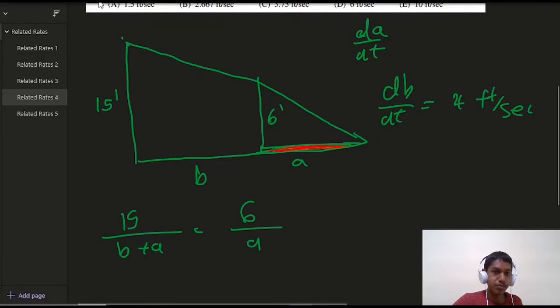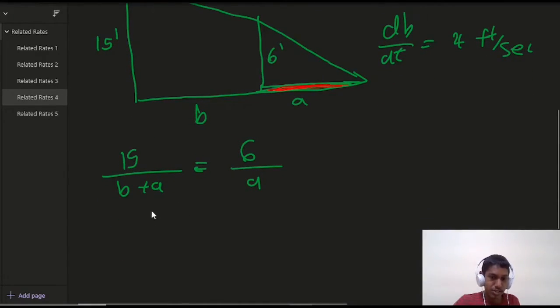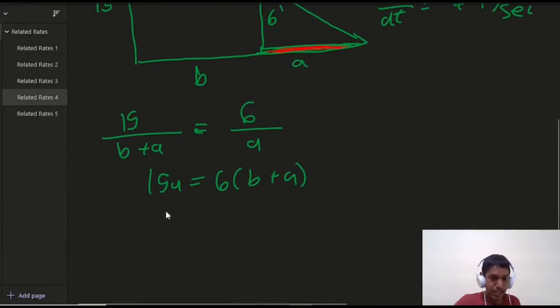So this divided by this is the same thing as this divided by that, and we know that because it's a similar triangle. So now we can cross multiply, divide by 3, and then I'm going to expand as well.